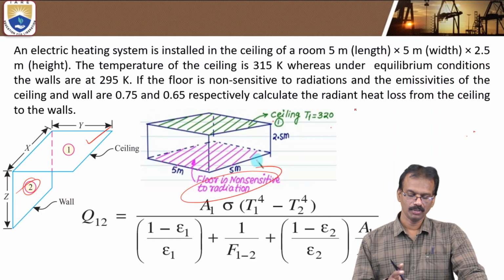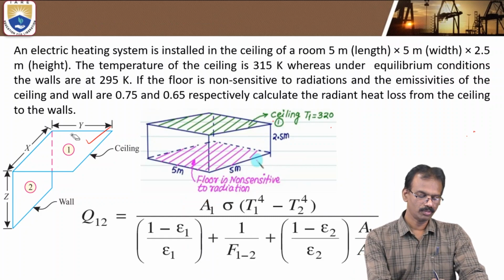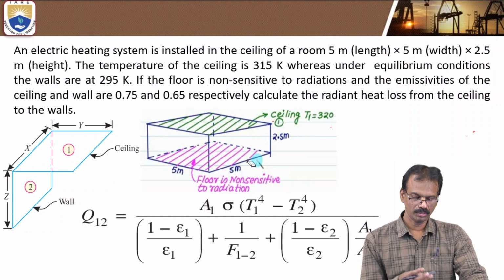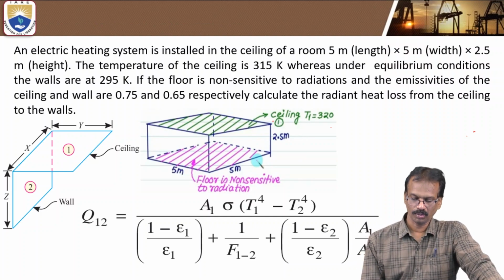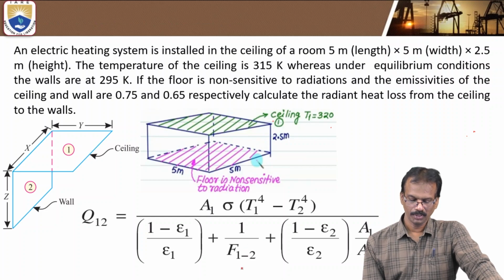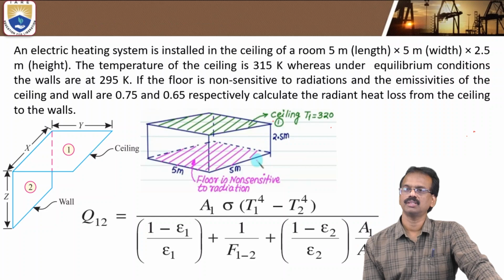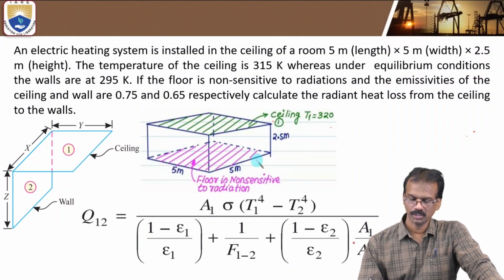Next, you know the formula for the rate of heat transfer between the two surfaces: sigma A1 into T1 to the power of 4 minus T2 to the power of 4, divided by (1 minus epsilon 1) by epsilon 1, plus 1 by F12, plus (1 minus epsilon 2) by epsilon 2 into A1 by A2. First of all, you need the areas.